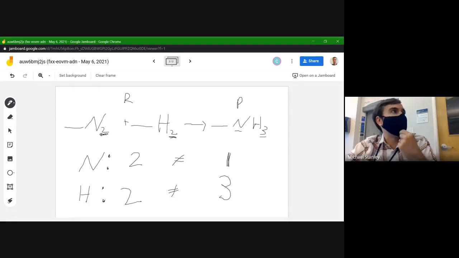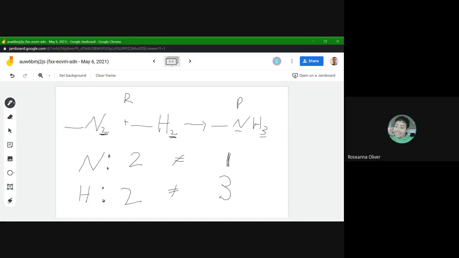So we can't do anything about this 2 over here on the reactant side, right? It's always going to be a 2. It's a subscript. We cannot do anything about it. So is there anything that we could do on the product side to give us 2 N's instead of 1 N? You can put a 2 next to it.